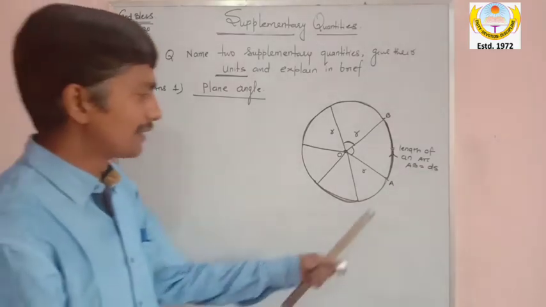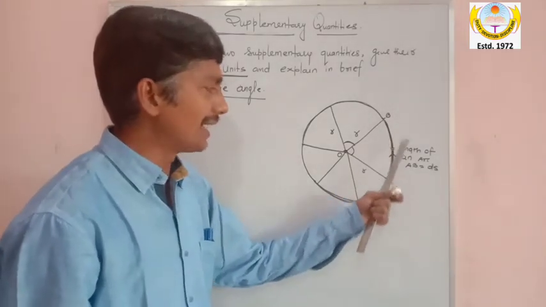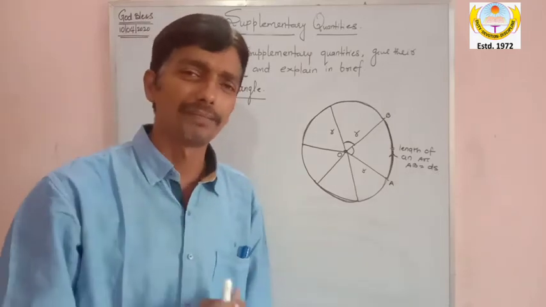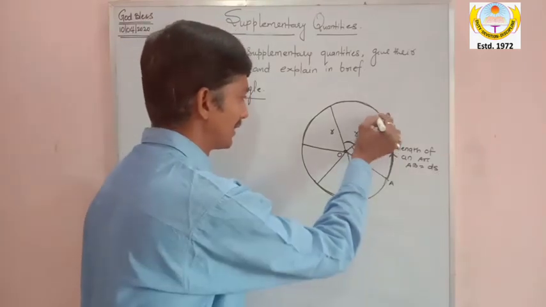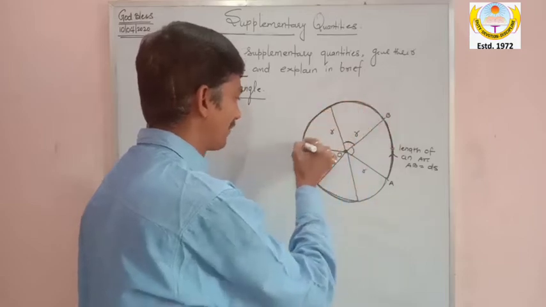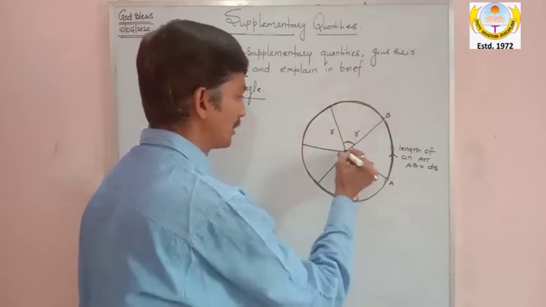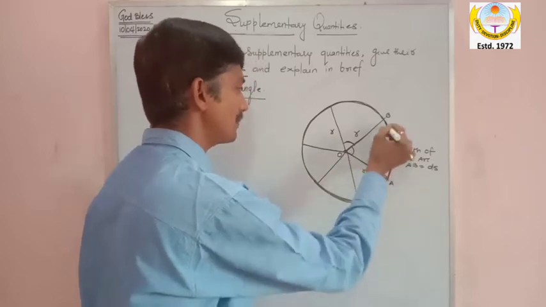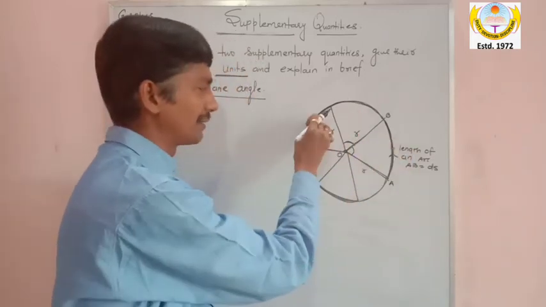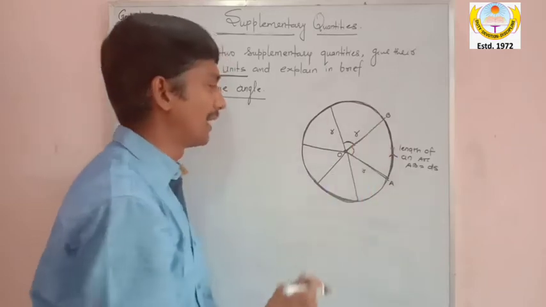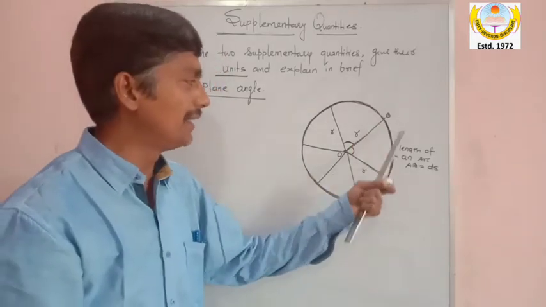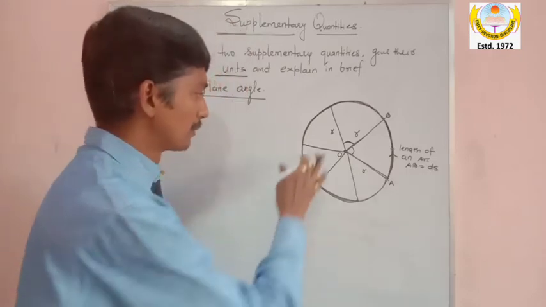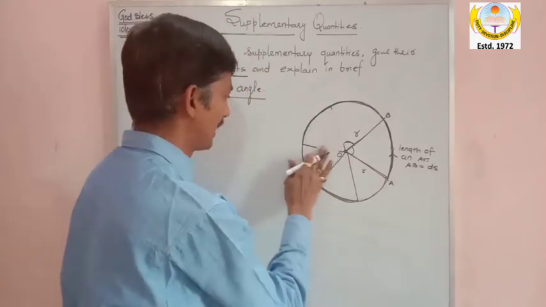Why have I taken the length of an arc AB as ds, my dear? Because the arc is very small, right? You can see that this is the circle, and I have taken only this much arc of the circle. Here I told you that there are many arcs I can draw, but here I have taken the arc AB, which is small in length, right?